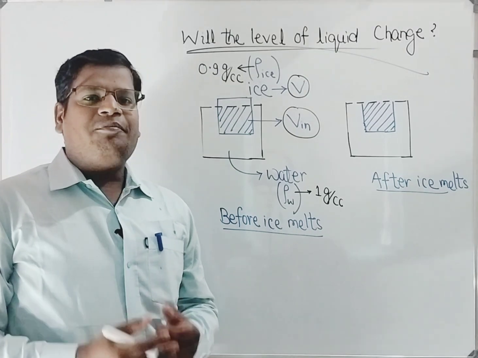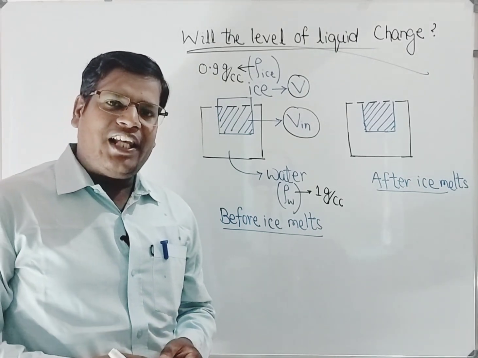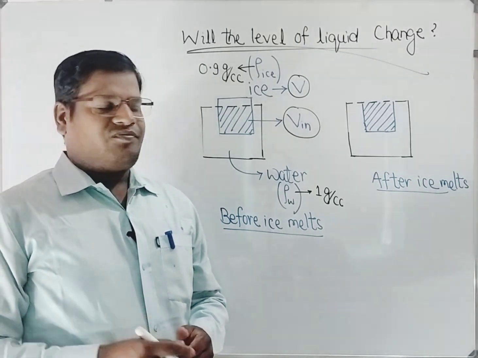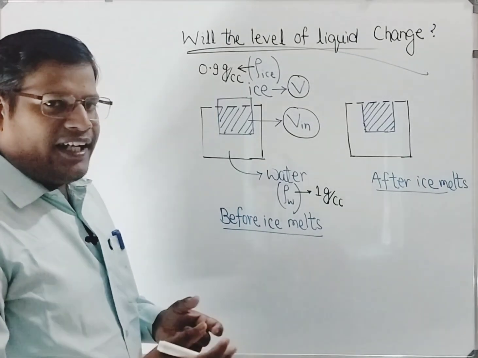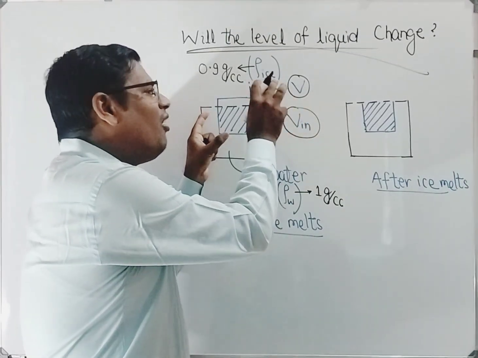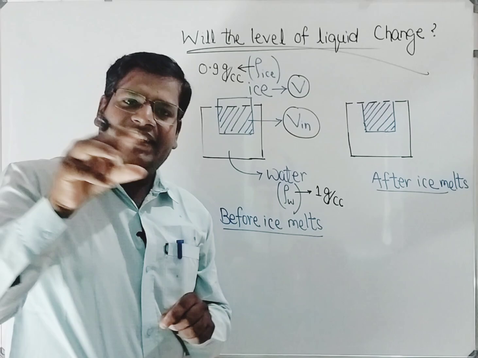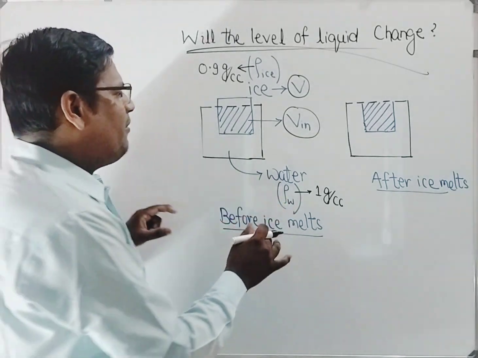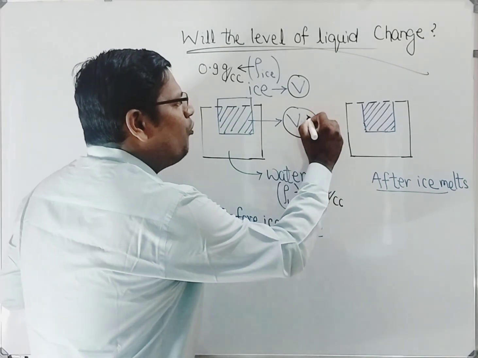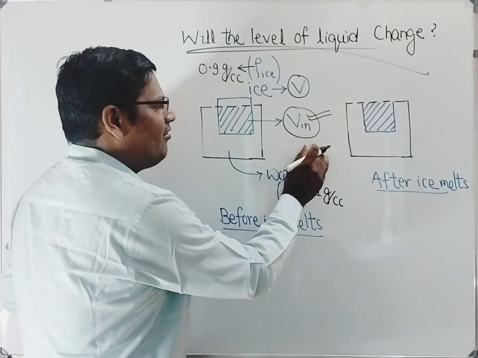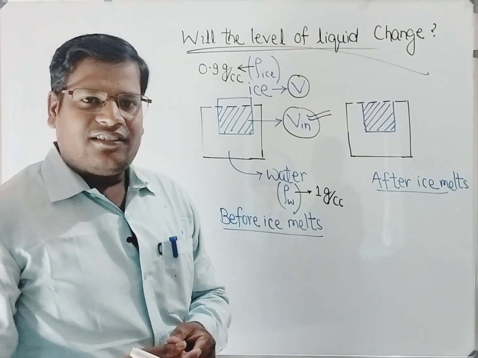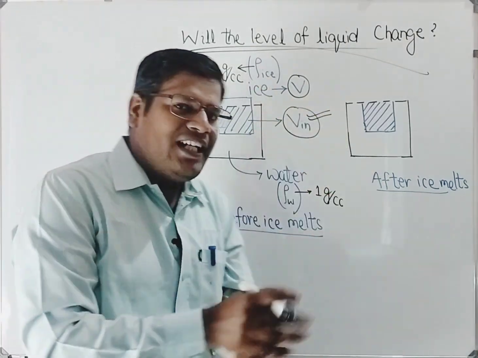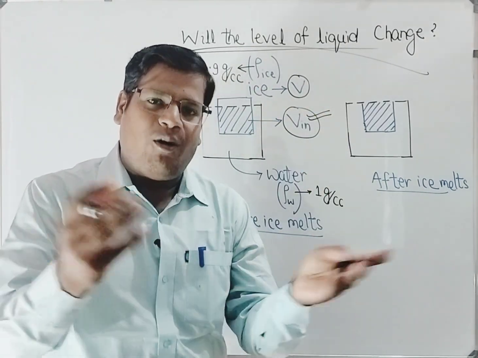So how do we compare what will happen to the level of the liquid? You should first calculate how much of the ice is inside the water or inside the liquid. That means first we should calculate the value of V in, right? Then we should calculate, after this ice melts, how much water it forms.